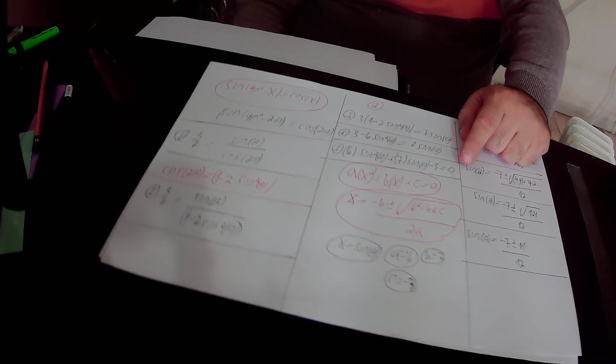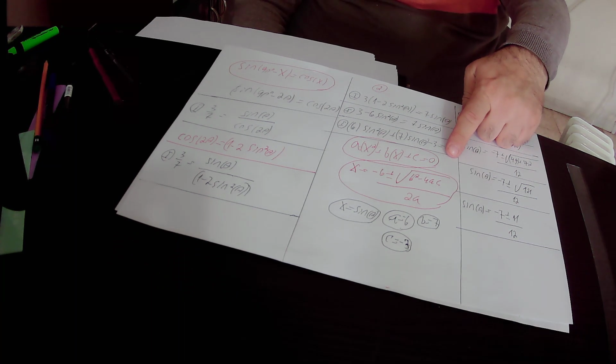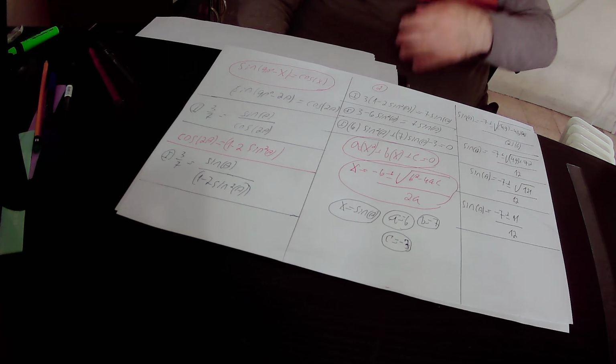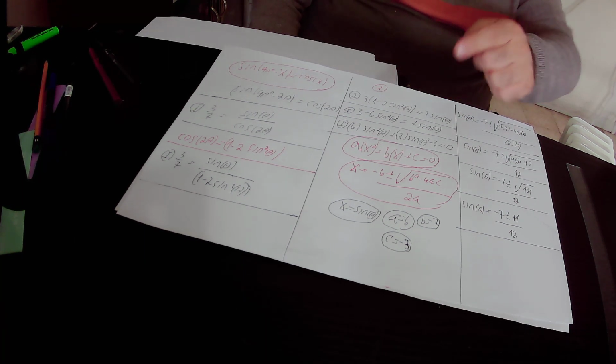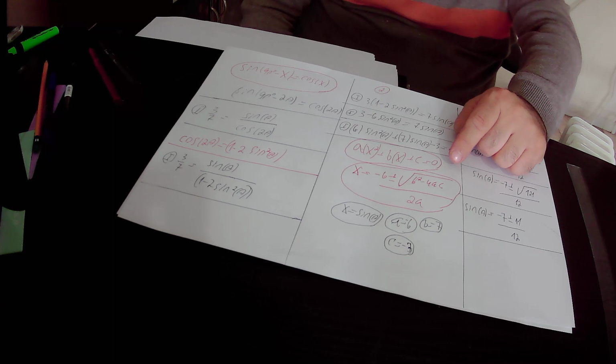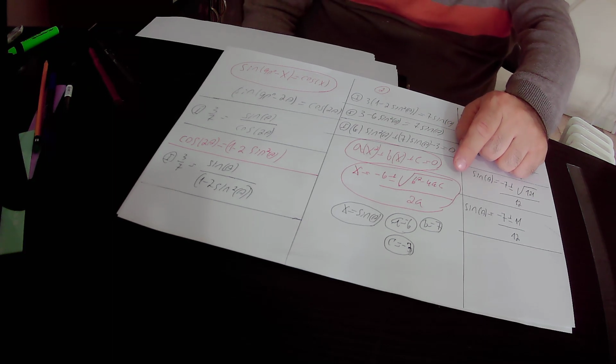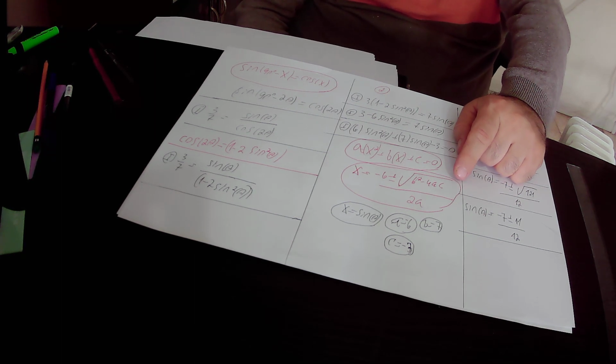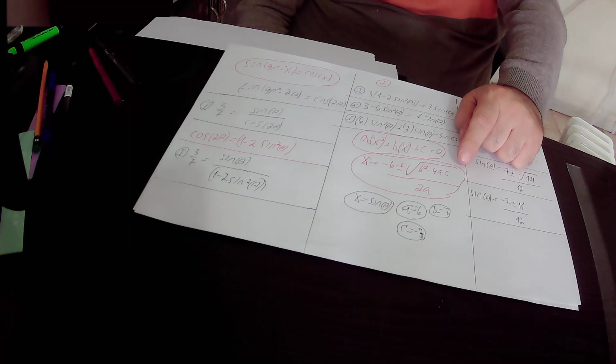The general formula for a quadratic equation is ax squared plus bx plus c equals 0. Here a, b, and c are the coefficients of the quadratic equation, and x is the variable that we are looking for, and we will find the value of x according to the following formula: x equals minus b plus or minus the square root of b squared minus 4ac, over 2a.